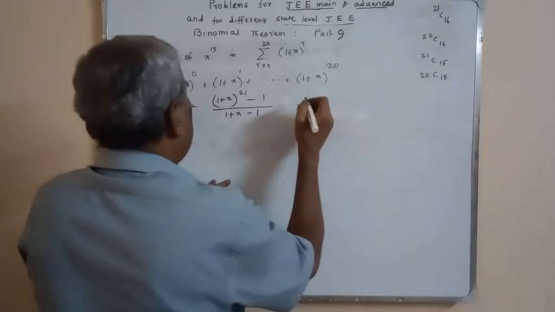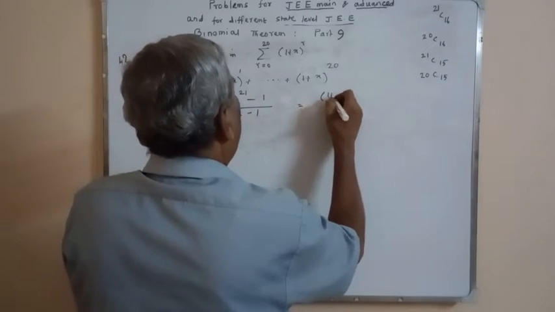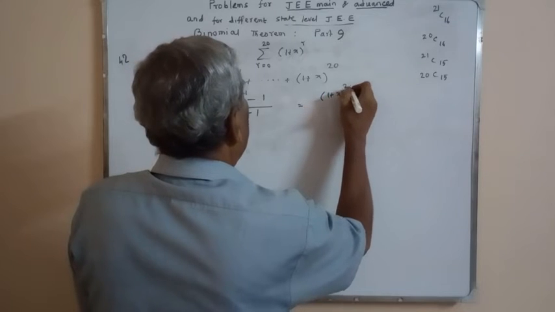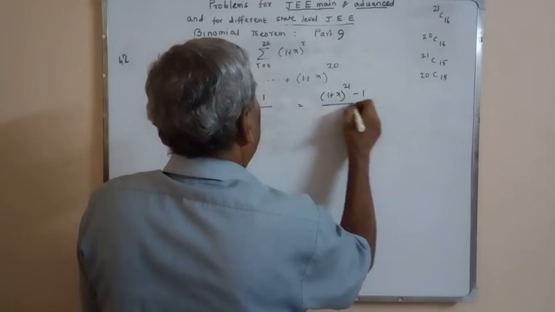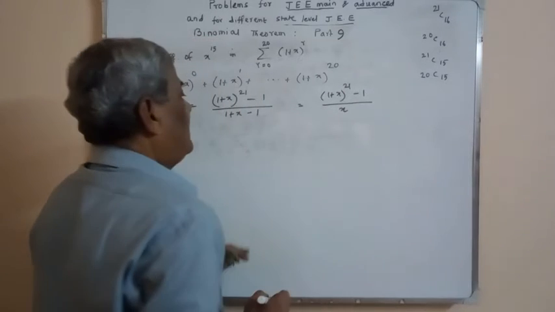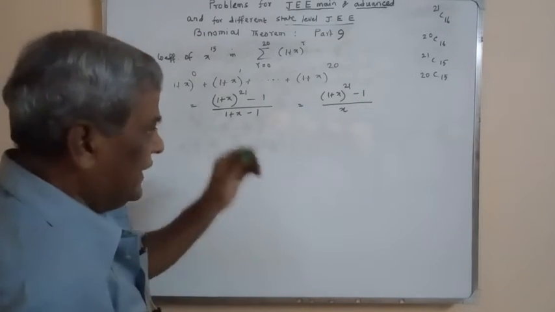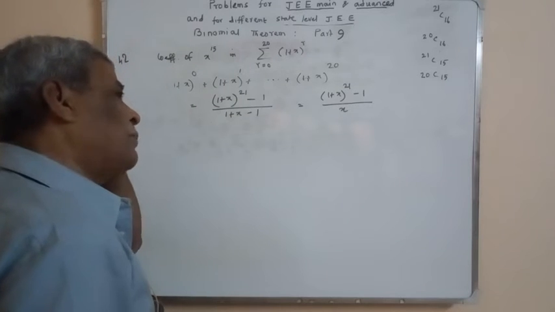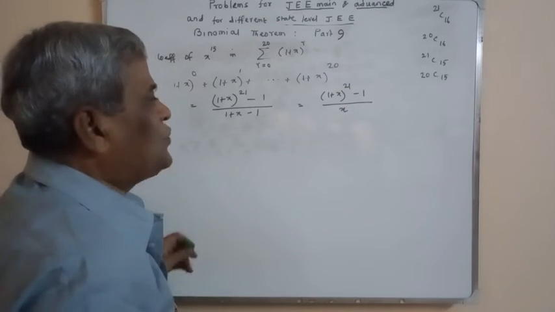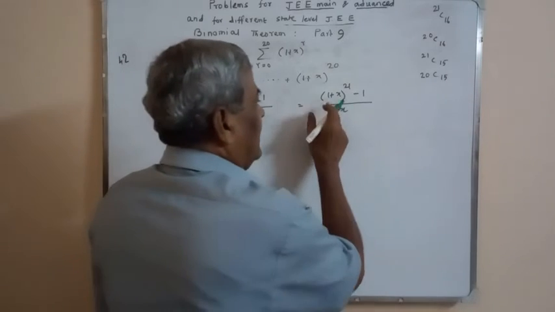That is equal to ((1 plus x) to the power 21 minus 1) by x. Now, from here, we have to find the coefficient of x to the power 15.